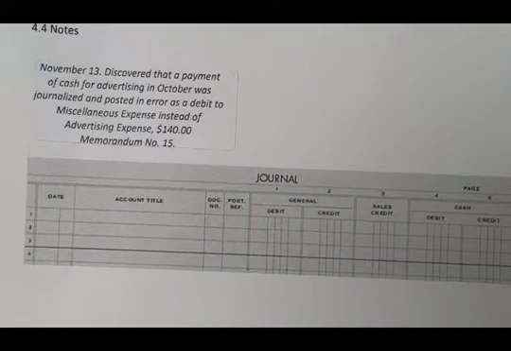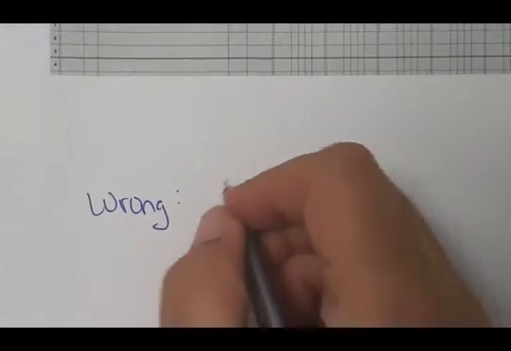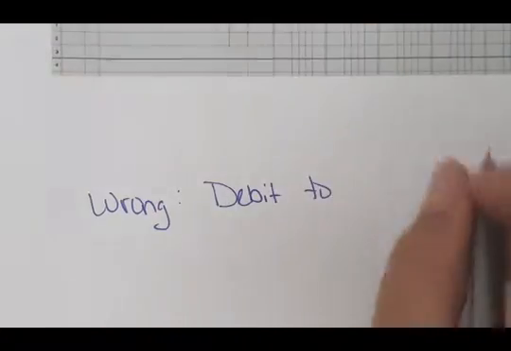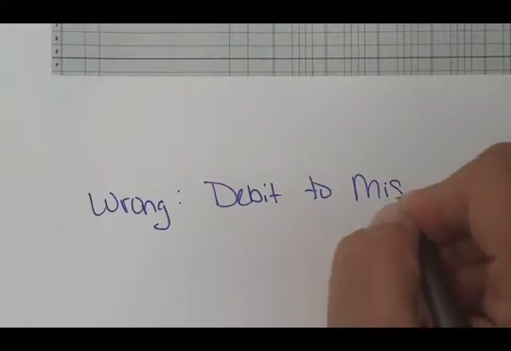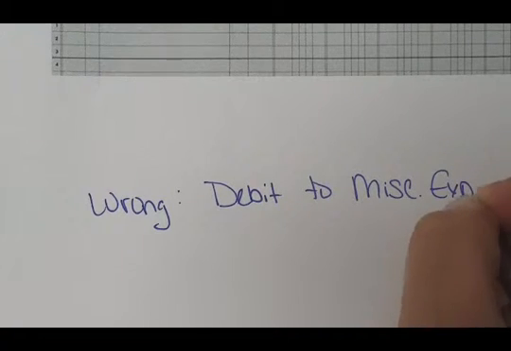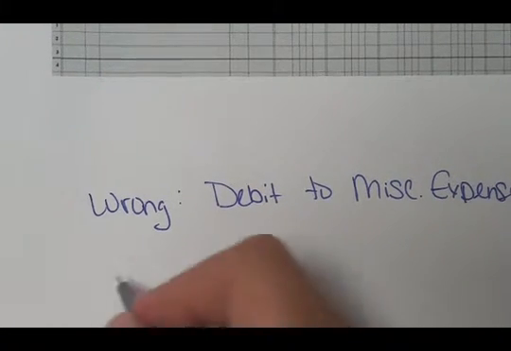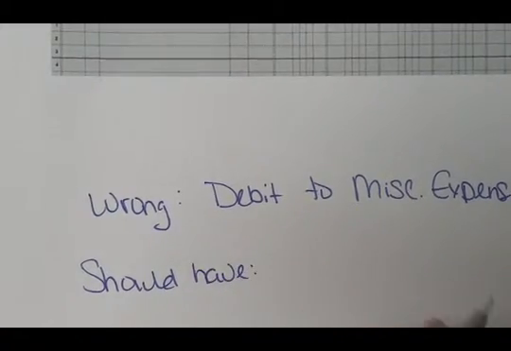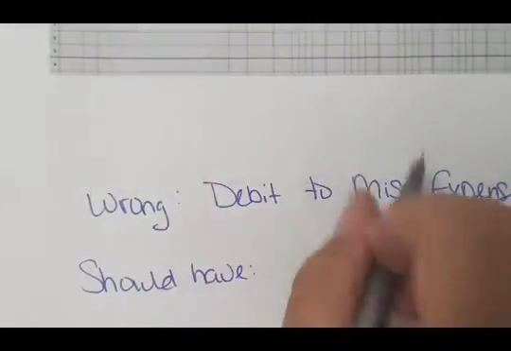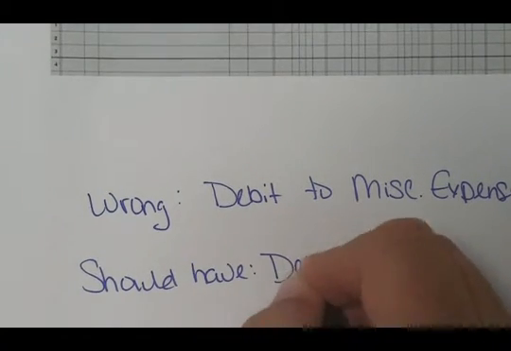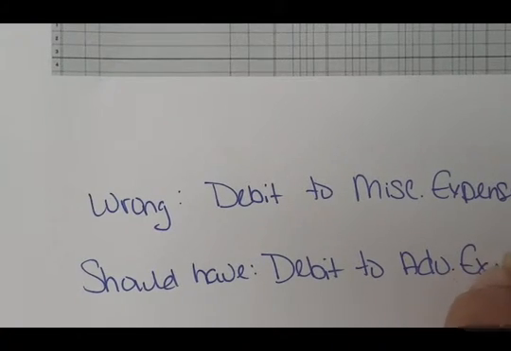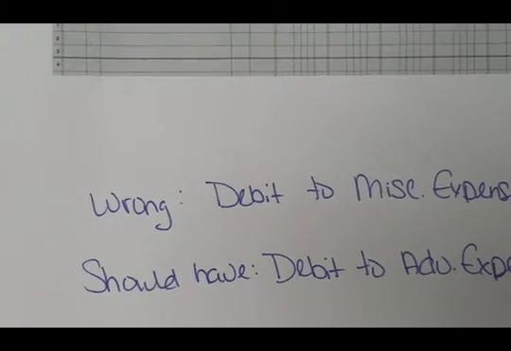So what we did wrong, we did a debit to miscellaneous expense, and we should have made a debit to advertising expense. Okay, this is easy enough to fix.